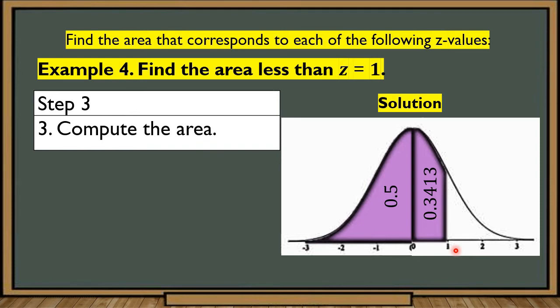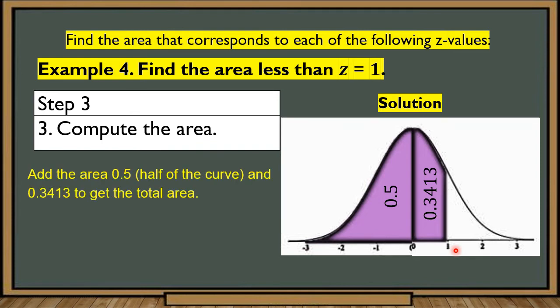Of course, simply add the two areas. We add this area and the area which is half of the curve, to know how wide the area less than z equals 1 is. By doing that, 5/10 plus 3,413 is equal to 8,413.